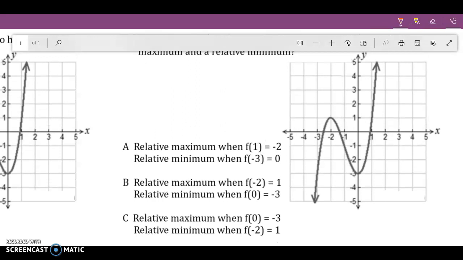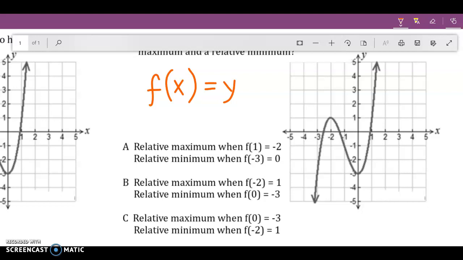For question number 3, you need to remember that f of x is equal to y. So when these answer choices are asking about relative maximum, relative minimum, the point that is a relative maximum or the point that is a relative minimum, the x-coordinate is going to be the number inside of the parentheses.